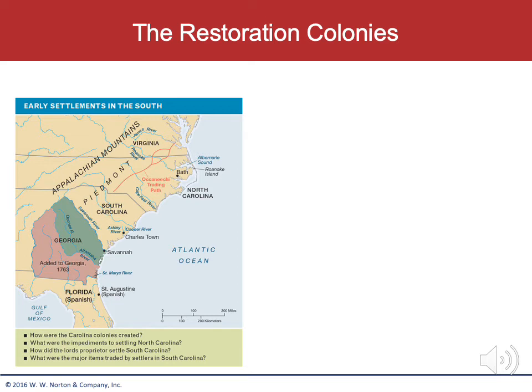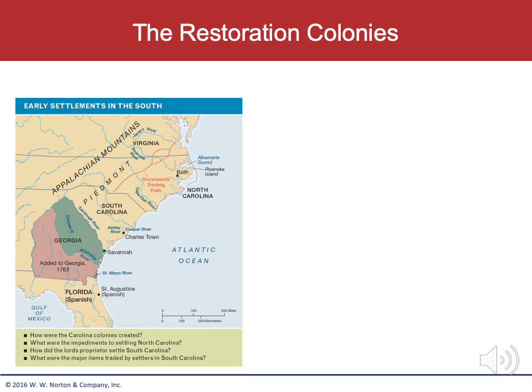So South Carolina was the focus of the lord proprietors, and they are going to really move in the direction of rice production. And the lord proprietors promoted trade with Indians in the region. So this increased the Indians' chances of exposure to deadly diseases, while at the same time intertwining them, if you will, into the economic pattern of the colonists.